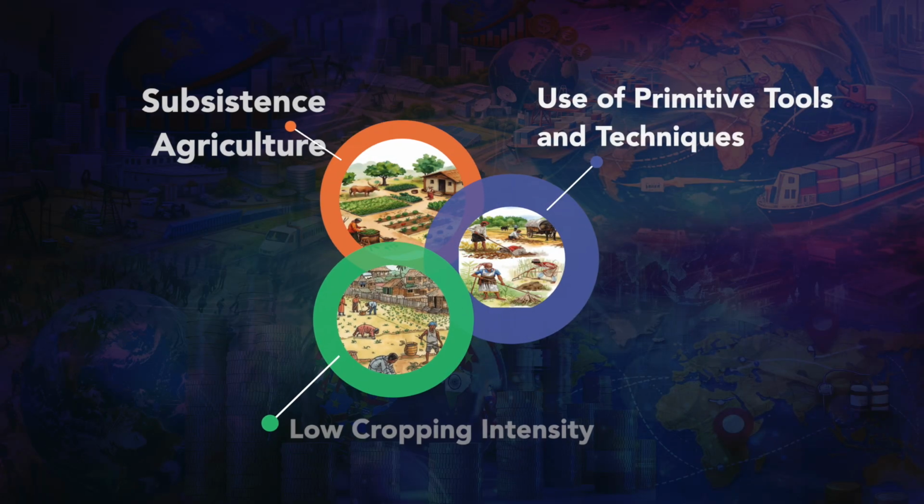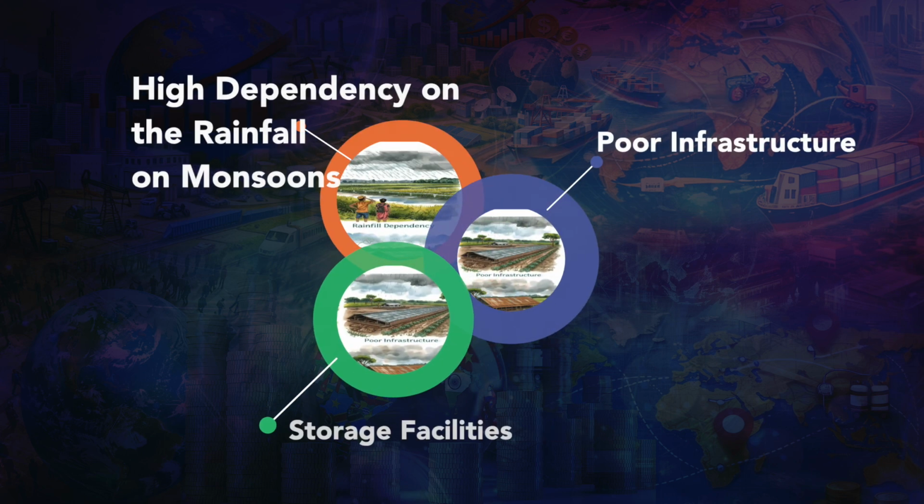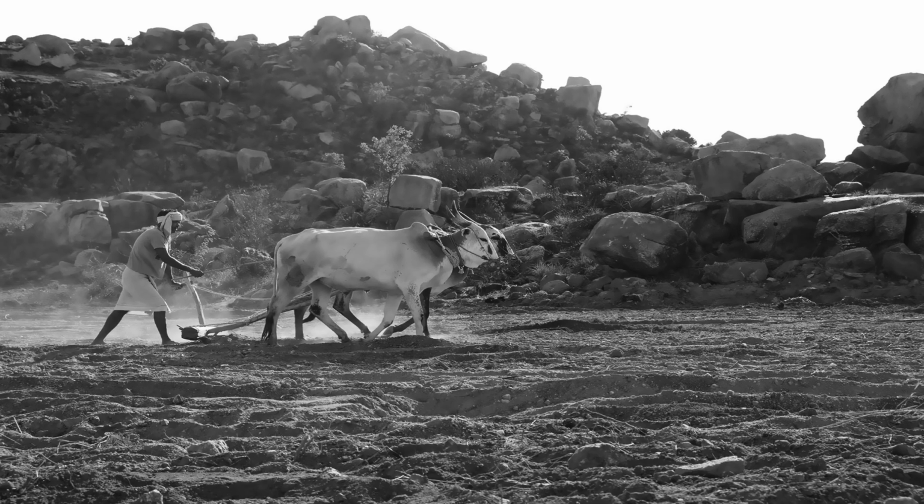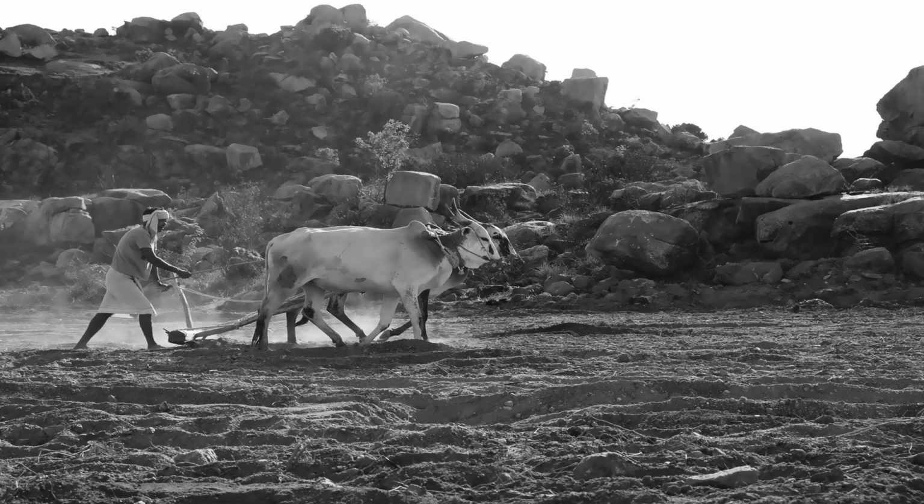This phase was mainly characterized by subsistence agriculture, use of primitive tools and techniques, low cropping intensity and high dependency on rainfall, mainly monsoons, with poor infrastructure and storage facilities. The growth in this phase was extremely slow and agricultural output barely kept pace with the growing population of India. Food shortages and famines were common, reflecting the structural weaknesses in the agricultural system.